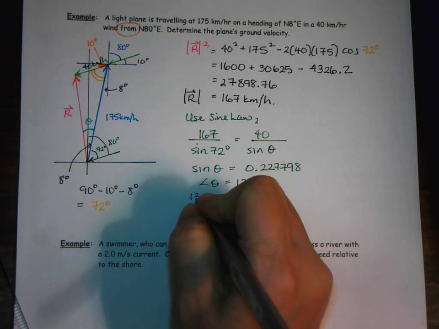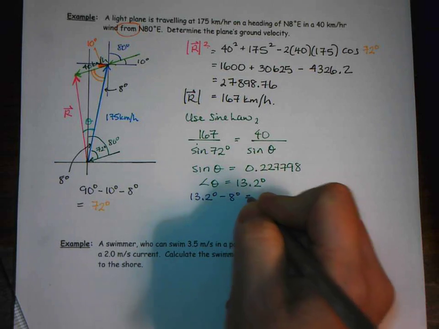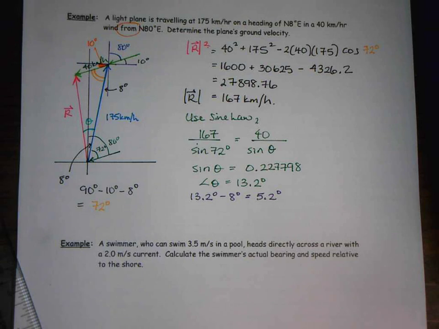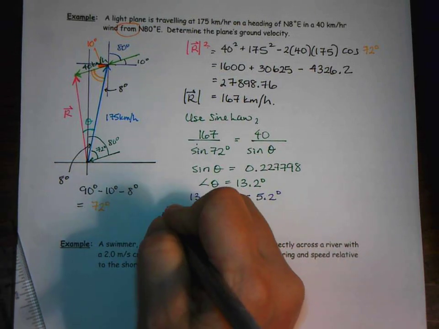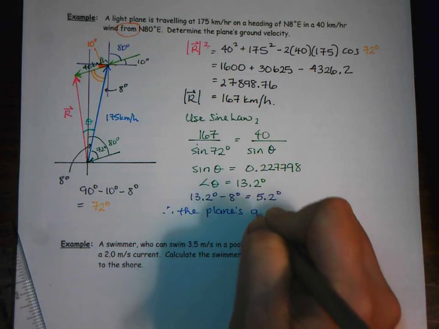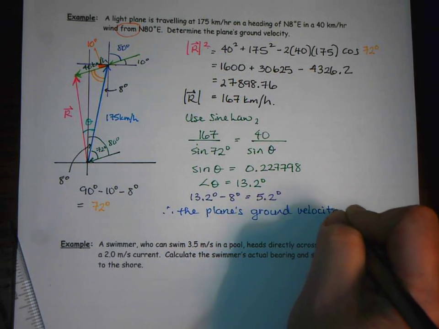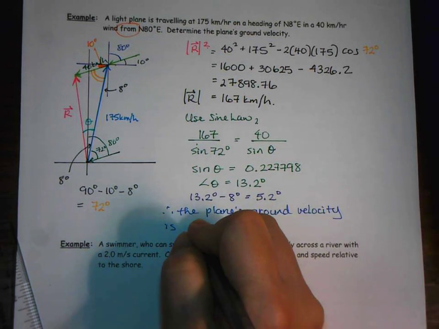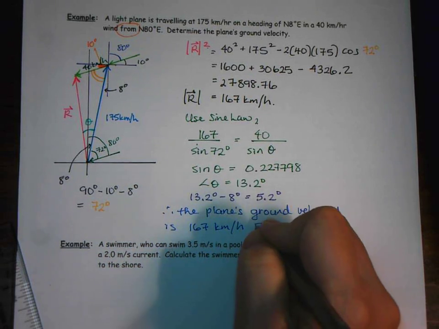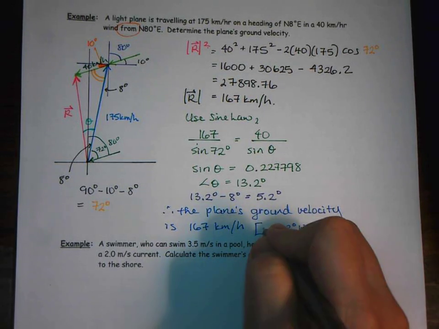So 13.2 degrees, take away 8 degrees, comes out to be 5.2 degrees, and therefore the plane's ground velocity is 167 kilometers per hour, and it's going to be 5.2 degrees west of north.